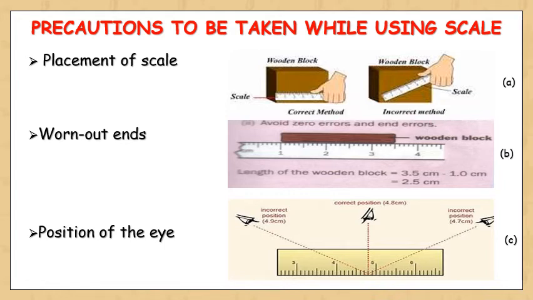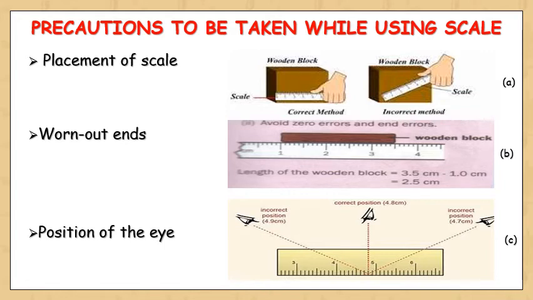Now, the third precaution which we have to take is the position of the eye. You know that the eye should be exactly above the point at which the measurement is to be taken.